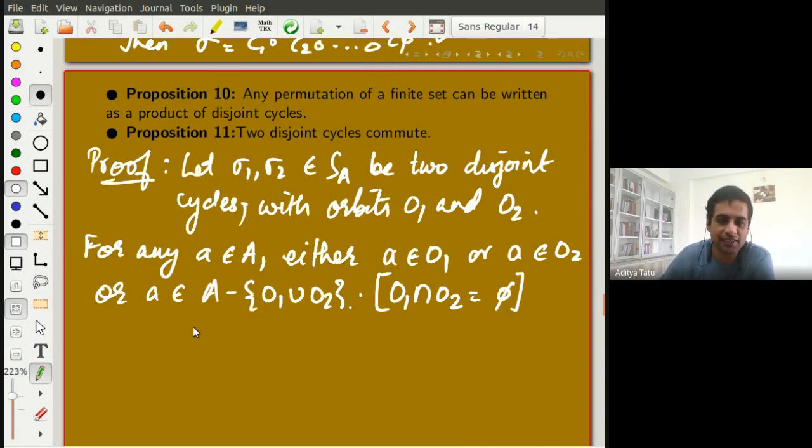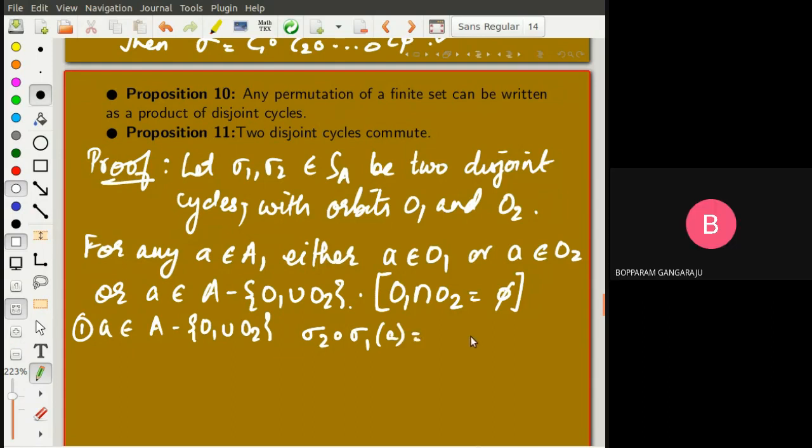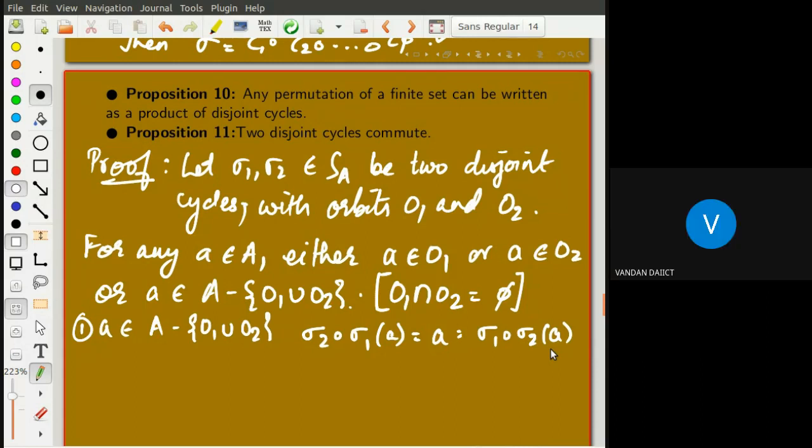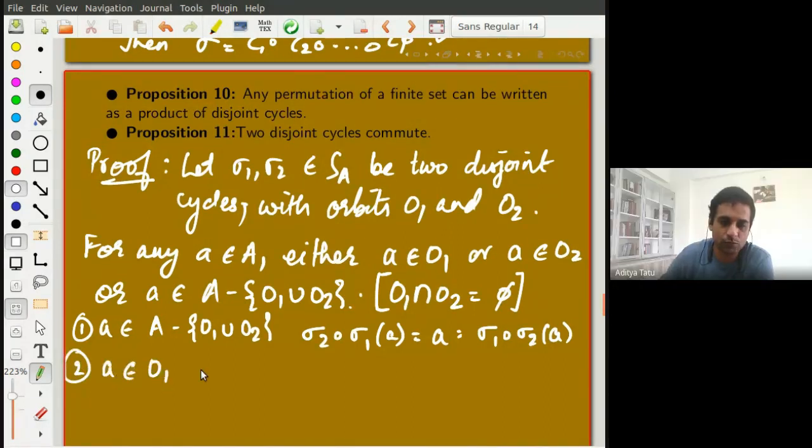So let's work out the three cases. The first, let's take the simplest case, a in A minus O1 union O2. What would sigma 2 composed with sigma 1 give applied on a? A itself, and it would be the same as sigma 1 composed with sigma 2 applied on a. Okay. What if a is in orbit 1?